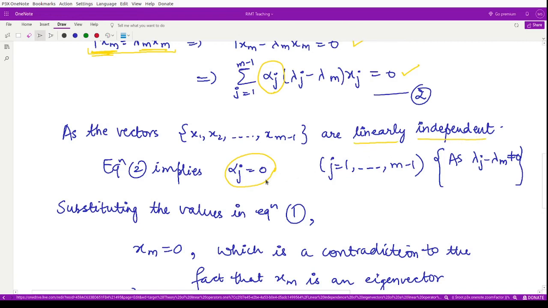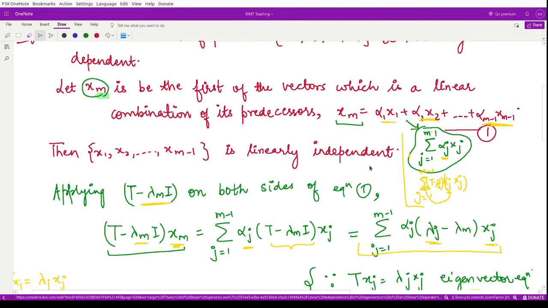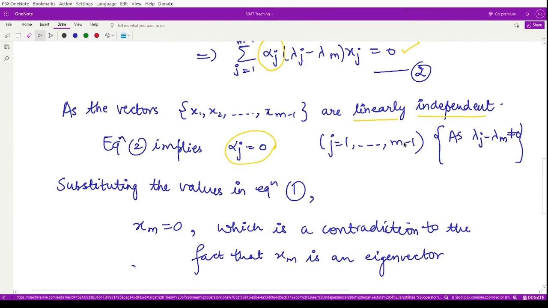If all of the alpha j's corresponding to m minus 1 are 0, then the definition for xm, which is a linear combination of all of these, would be 0, because every alpha in this linear combination is 0. So from here we obtain xm to be 0.